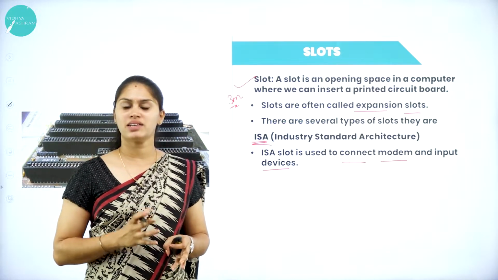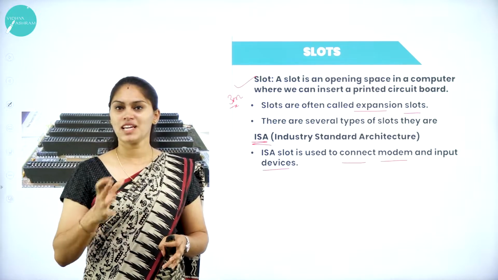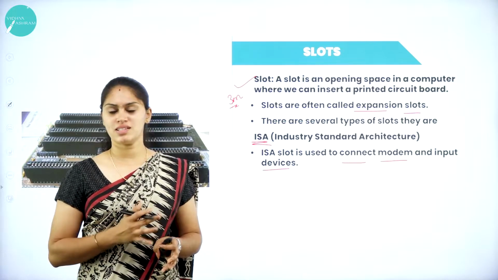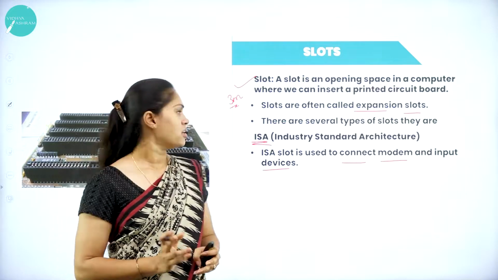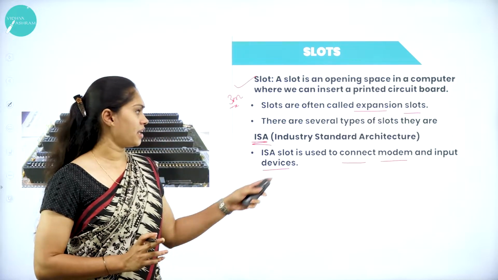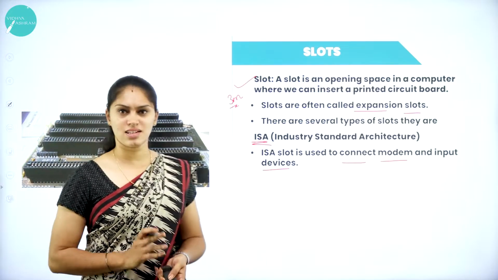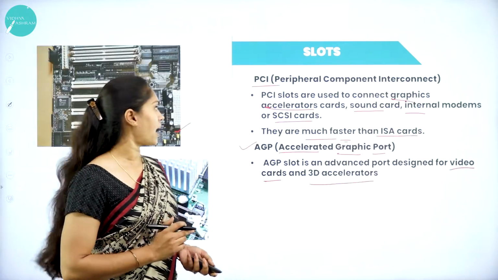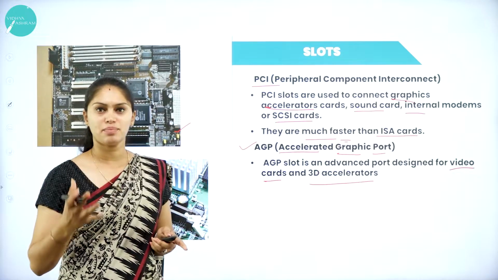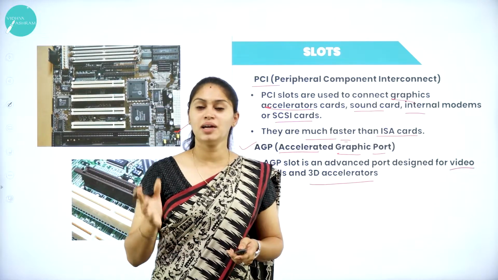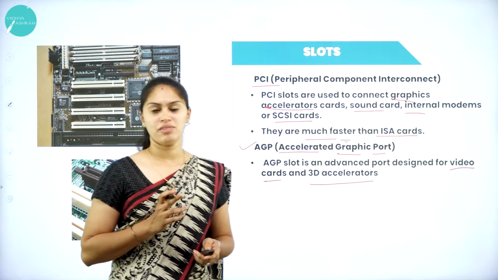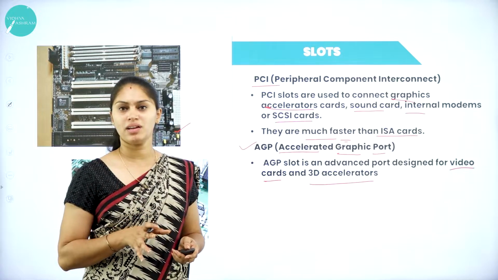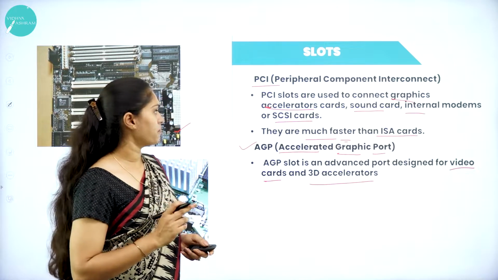There are several types of slots. Based on our requirement we have to choose these slots, or by default there will be some slots in our motherboard. ISA is mainly used to connect input devices into the computer system. PCI slot, peripheral component interconnect, is mainly used to connect with peripheral components, that is, input output devices along with memory.